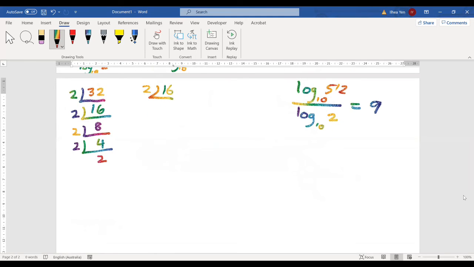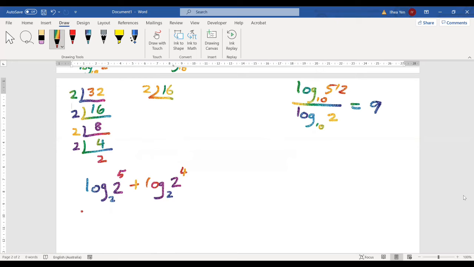So what I'm going to do is convert this one. Remember, log base 2 to the power of 32 becomes 2 to the power of 5 plus log base 2 to the power of 4.